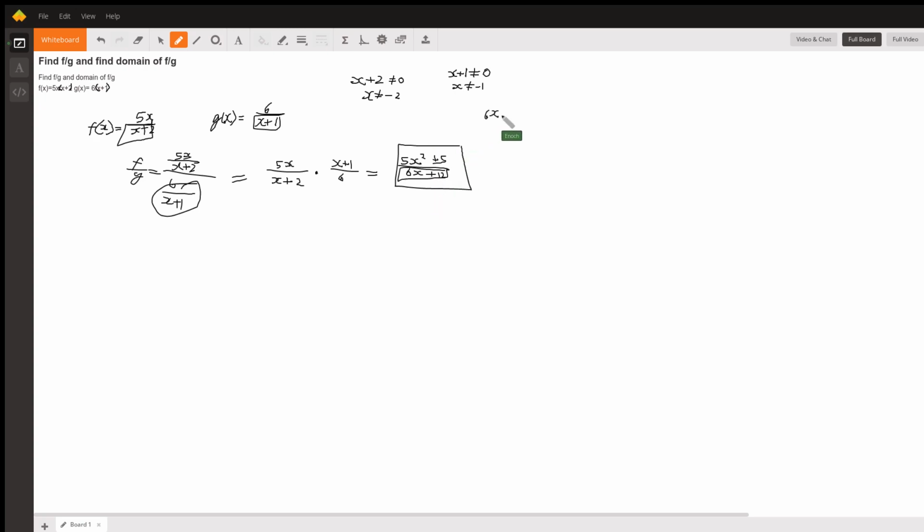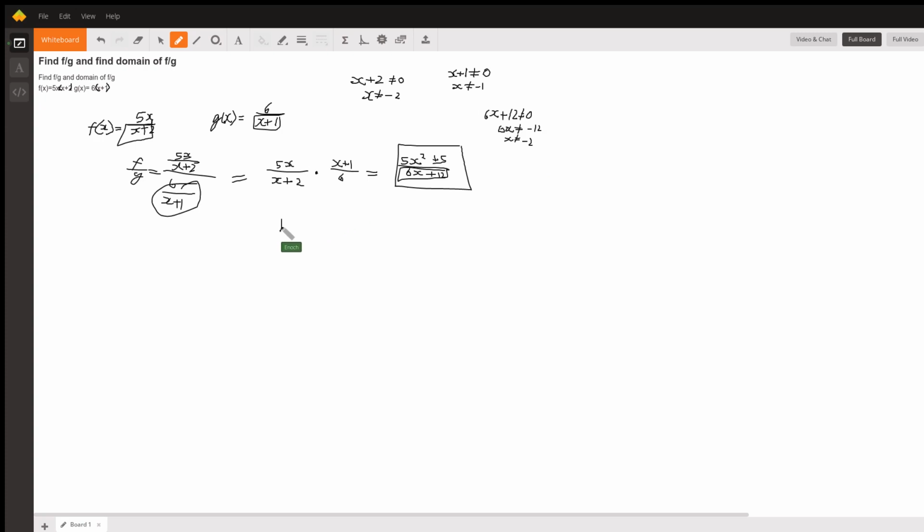So 6x plus 12 cannot be 0. So then 6x cannot equal -12. And we get what we already knew, x cannot be -2.